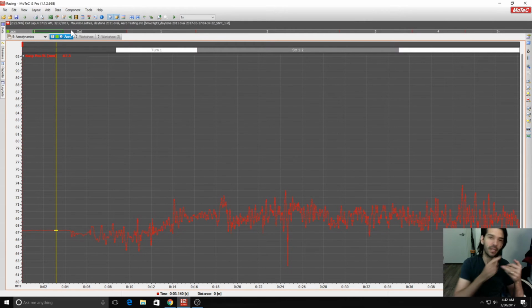Coefficient of drag will be taken at basically between 150 and 140 kilometers per hour or thereabout, right at the peak aerodynamic drag, which is at the highest speed. And then we'll take the rolling drag as the car is coming to a stop and there is no aerodynamic load. The only thing that's actually acting on the car to slow it down is the internal friction of the components, rolling drag of the tires, and things of that nature.